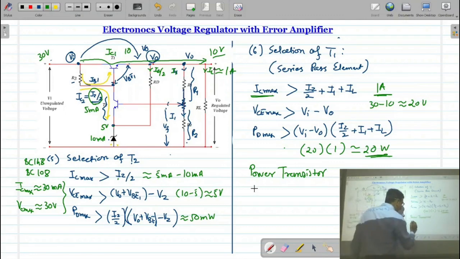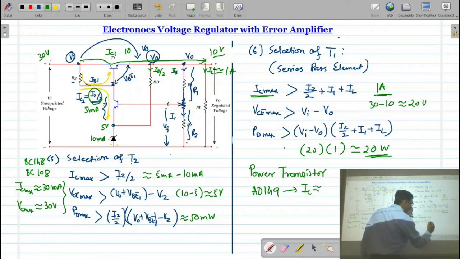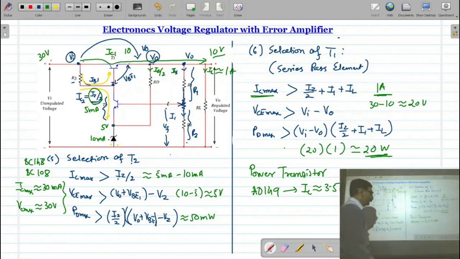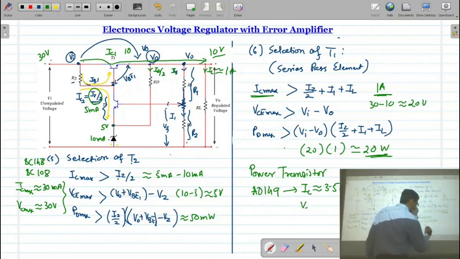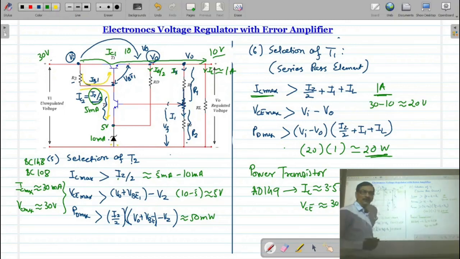If I am talking about the power transistor AD149, then it has a collector current capacity of roughly 3.5 ampere, and VCE is also 30 volt. So the power dissipation is also very large. Listen, not 30 volt, it may be 20 volt.